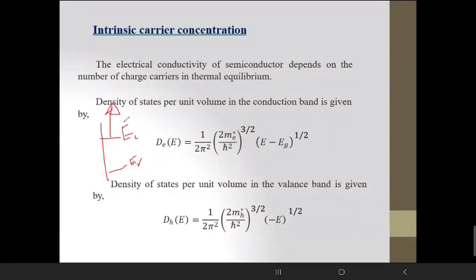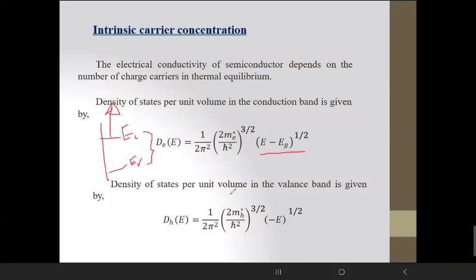So density of electrons in the conduction band is given by 1 over 2 pi square, 2 me star over h cross square to the power 3 by 2, (E minus Eg) to the power of half. This is your Eg. So (E minus Eg) to the power of half.